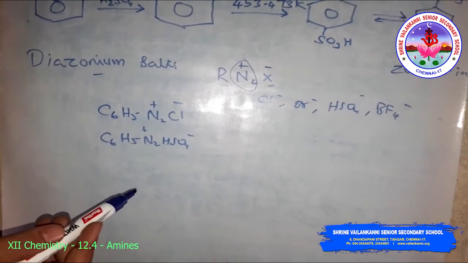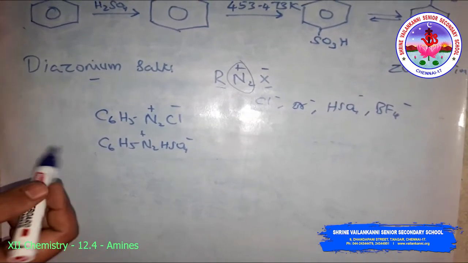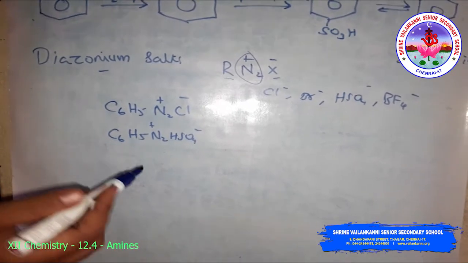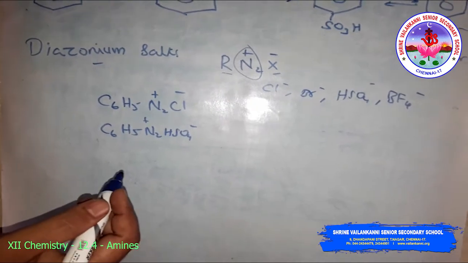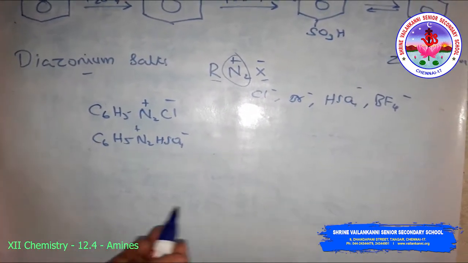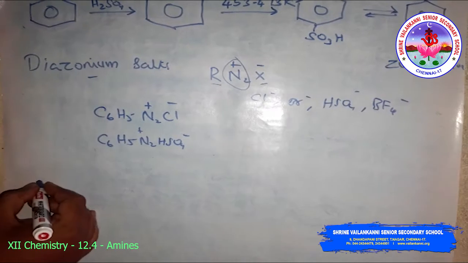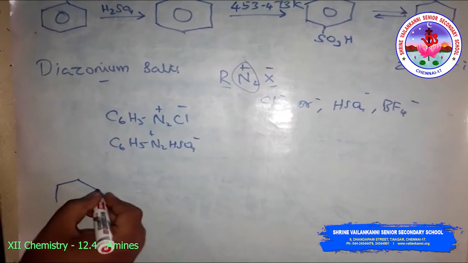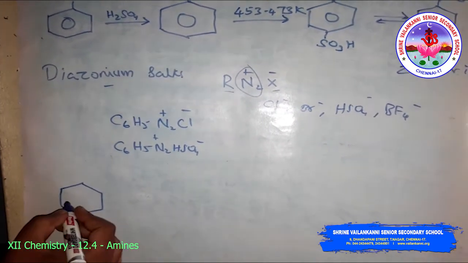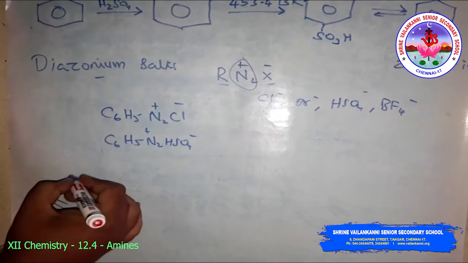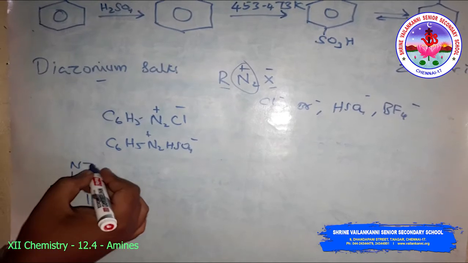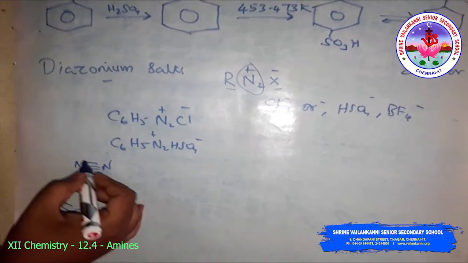So what happens is this bond is shifted here, and to stabilize, the positive charge is created here, so that the resonance structure is, positive charge created here. Then N double bond N, and this bond is shifted here, so that's N double bond N minus.